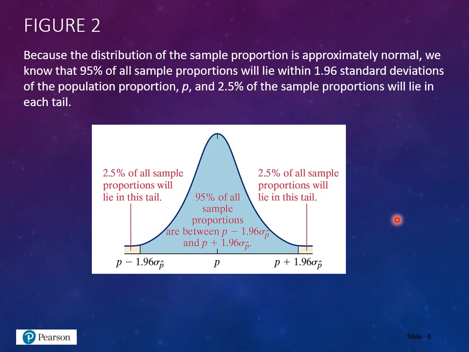We know that 95% of all sample proportions will lie within 1.96 standard deviations of the population proportion p, and 2.5% of the sample proportions will lie in each tail. Okay, so we get 95 in the middle, and then 2.5 on each side, so that gives us another 5, making it 100%.